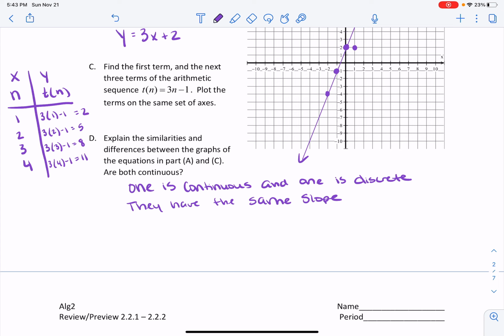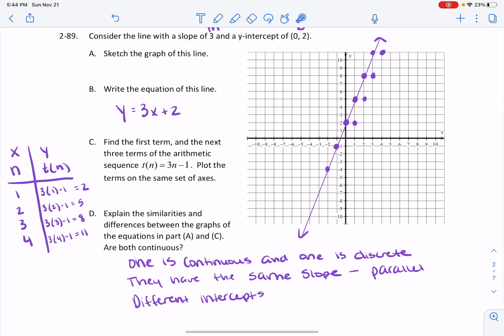Which also, if they have the same slope, they're also then parallel. A difference, they have different intercepts. If I were to keep graphing here and I went down 1, 2, 3 over 1, we'd be intercepting here. And you can see that also the b is -1.